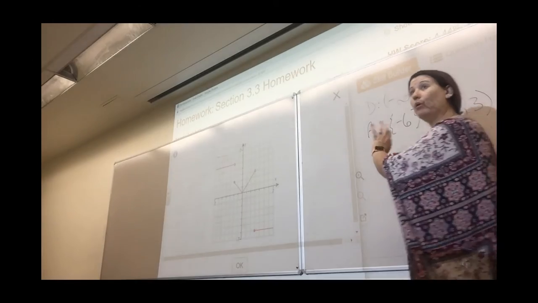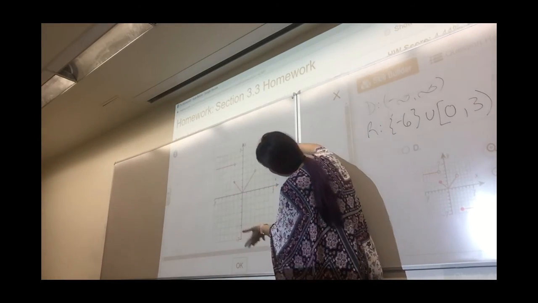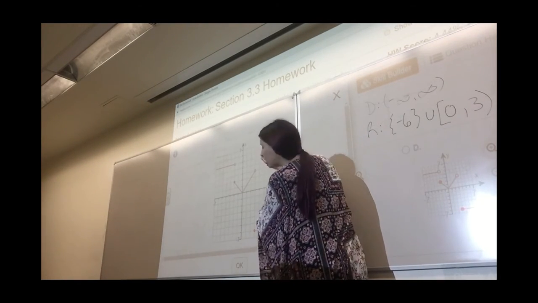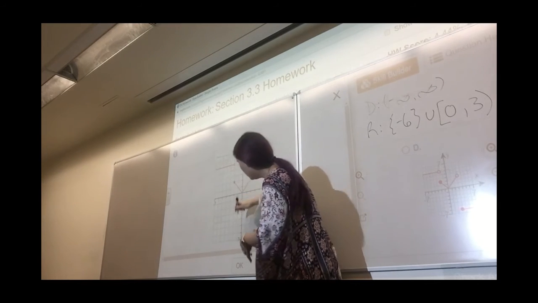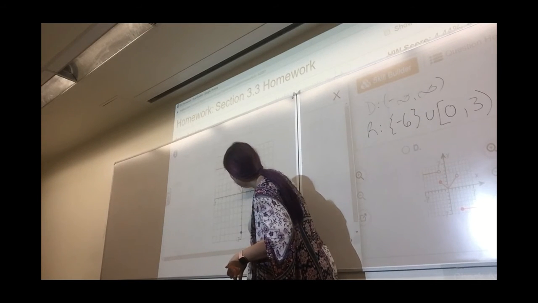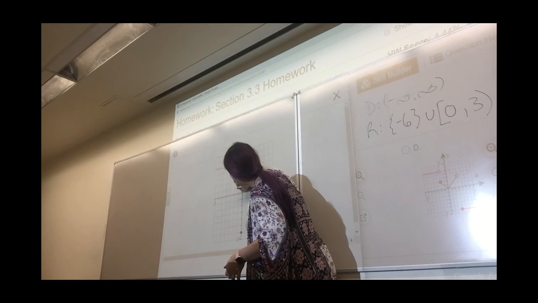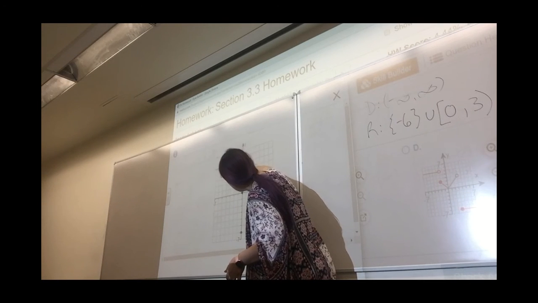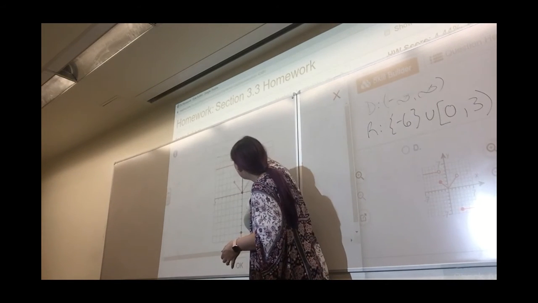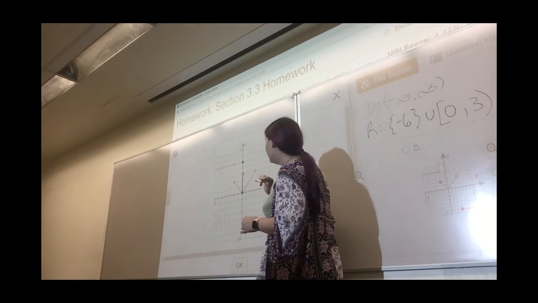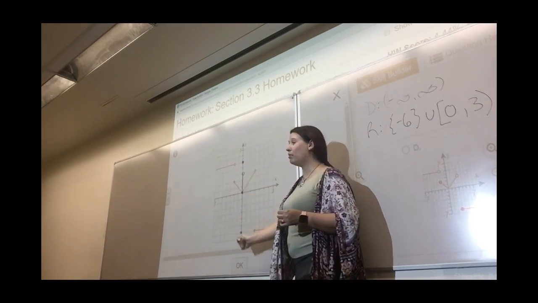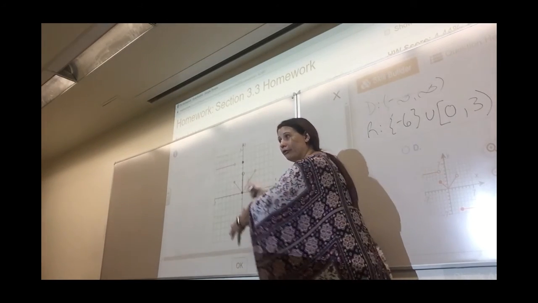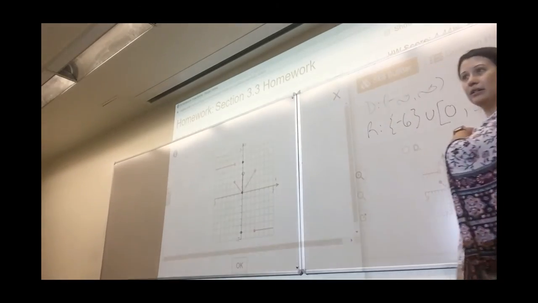Okay, so let's look at that one more time. If we look at the y value, where we have something, right? We have something here, here, with a closed and then an open, right? And then we have something here. That would probably be a little bit easier to go from to get this range, right?